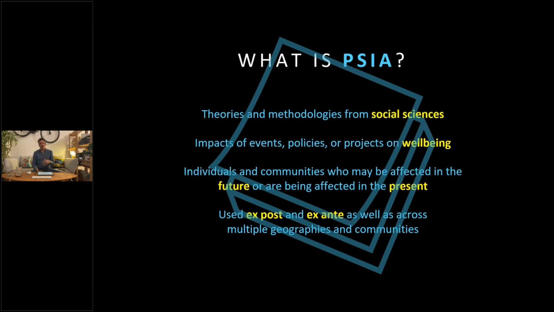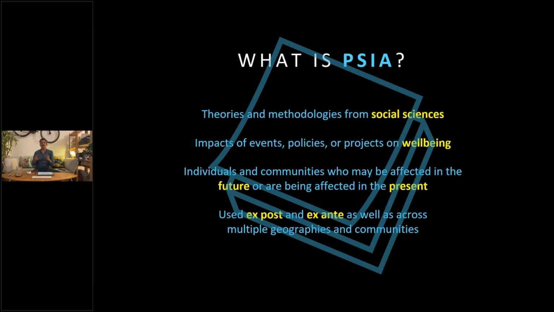variables, dimensions. The fourth element is that psychosocial impact assessment has to do with measuring the impacts of events on the individuals and communities who may be affected in the future or are being affected in the present. And this might also be the case of looking at impacts that are already occurring.